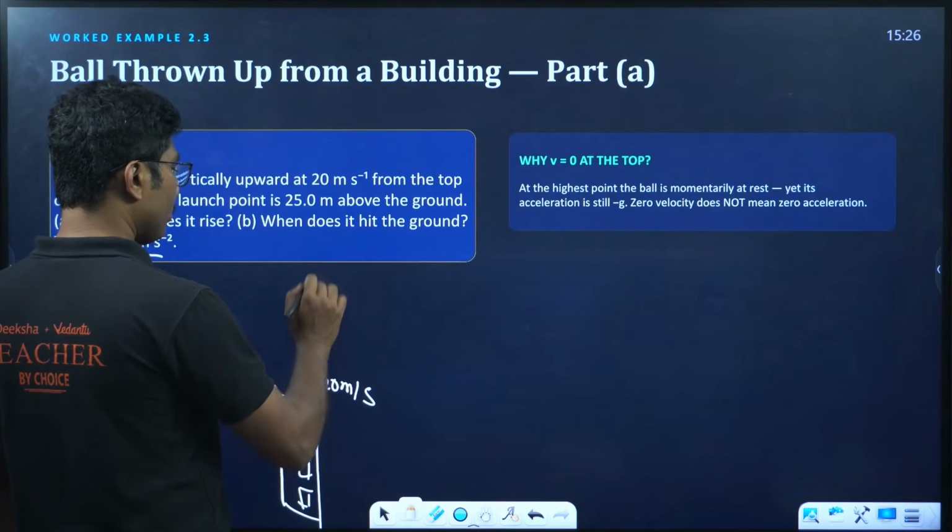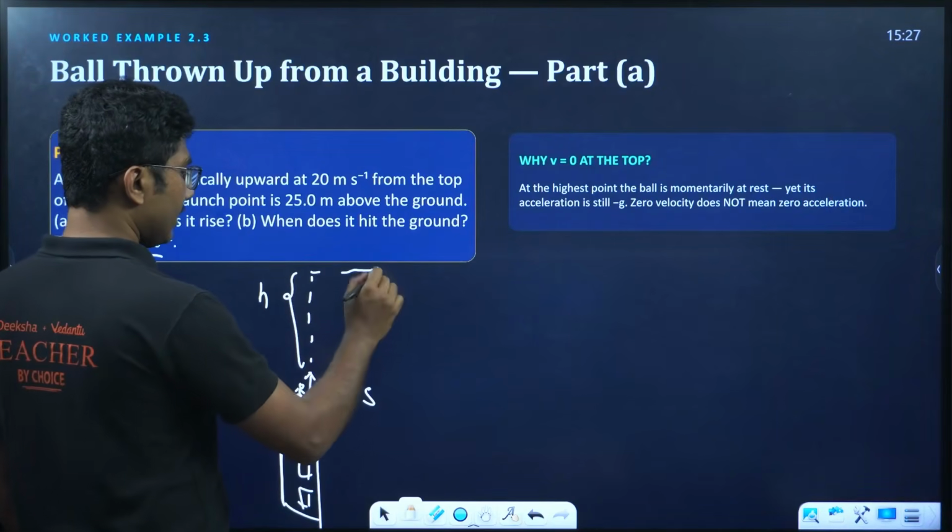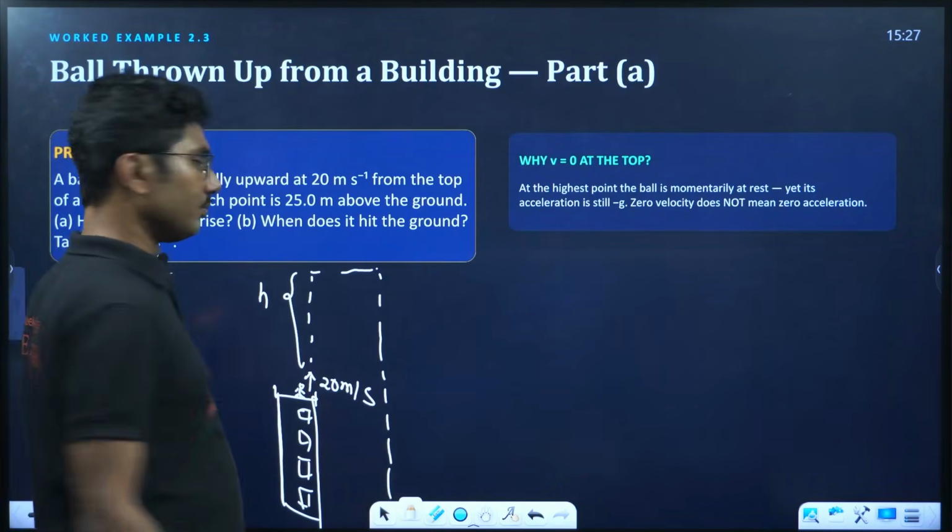Suppose the ball rose to a height of h, and then it falls down to the ground.